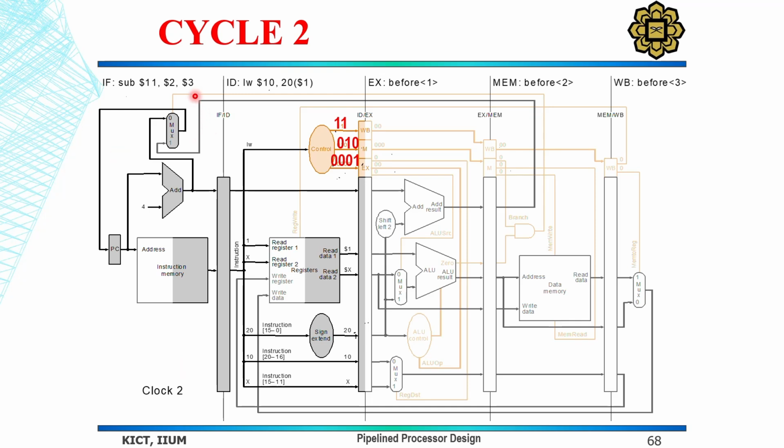The first instruction is now in the ID stage, and the second instruction is in the IF, instruction fetch, stage. The rest of the stages are not really empty, but in this scenario there might be an instruction which was before instruction one, and something two instructions before it, so this is showing that.